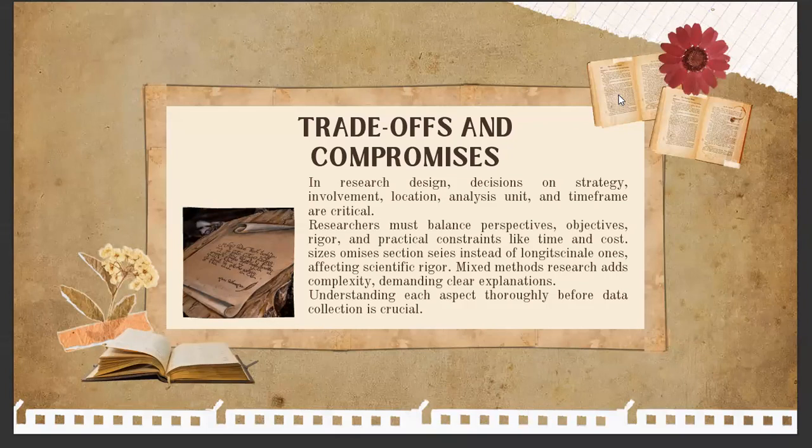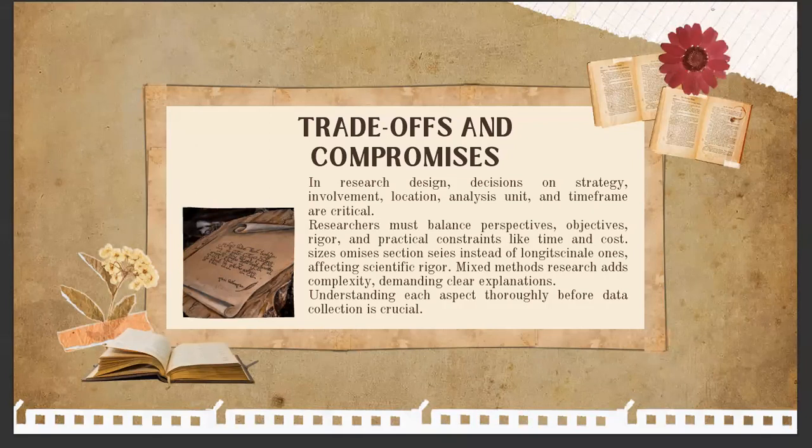Next is trade-offs and compromises. In research design, decisions on strategy, involvement, location, analysis unit, and time frame are critical. Researchers must balance perspective, objectives, rigor, and practical constraints like time and cost.